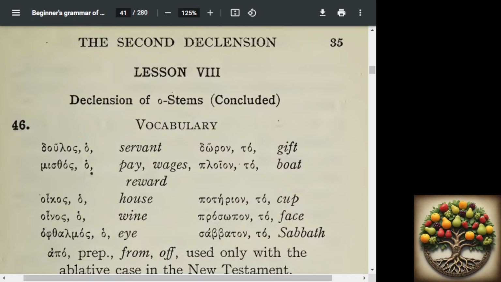Lesson 8, more declension of O stems. All right, let's read through the vocab. Doulos, ho. Misthos, ho. Oikos, ho. Oinos, ho. Ophthalmos, ho. Doron, to. Ploion, to. Poterion, to. Prosopon, to. Sabaton, to.